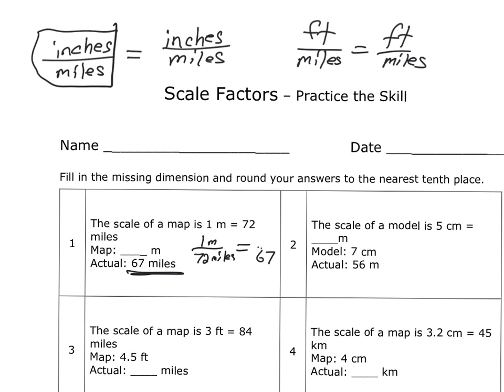So that's going to be 67, and we got an X here. Okay, and then all we're doing is taking those diagonals and multiplying. So I get 72 times X, which is 72X, and that's equal to 67.